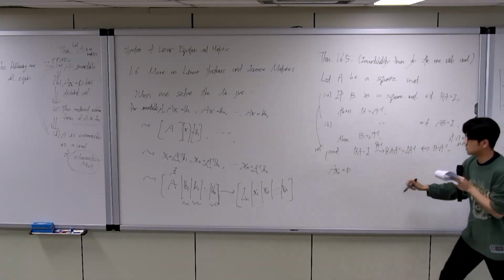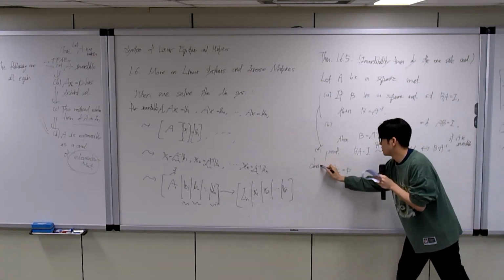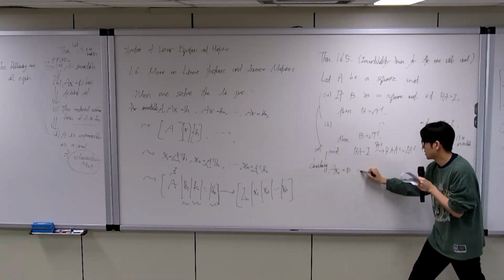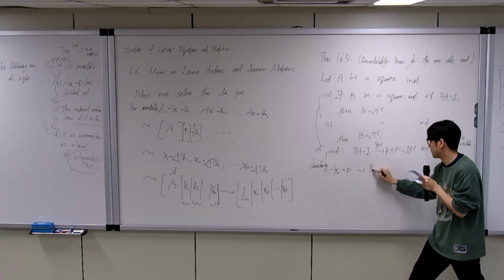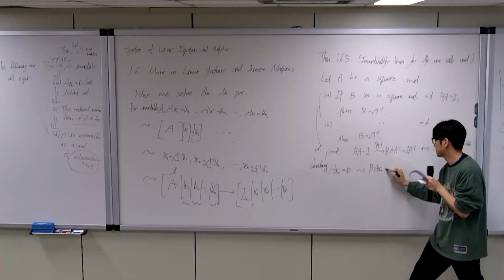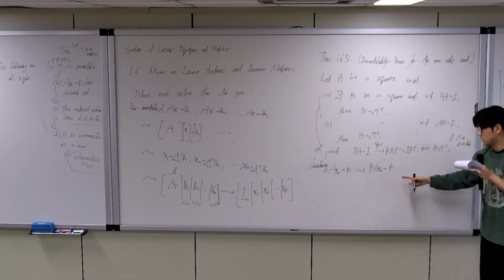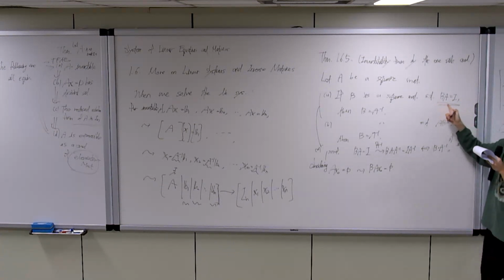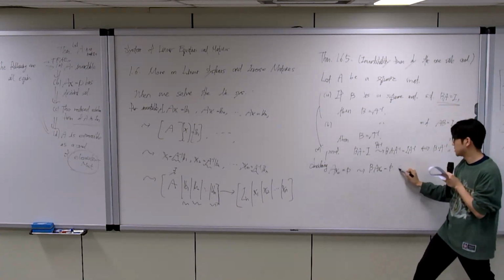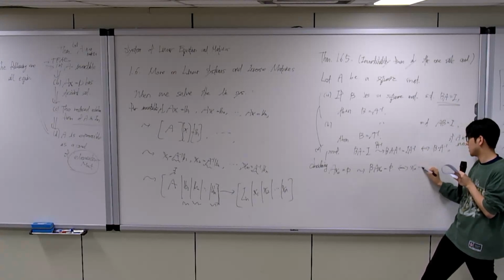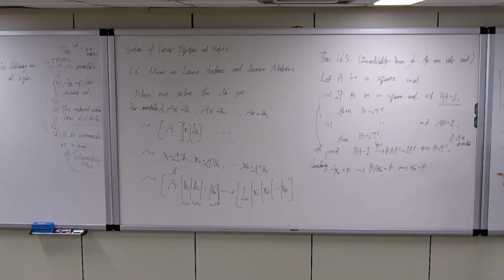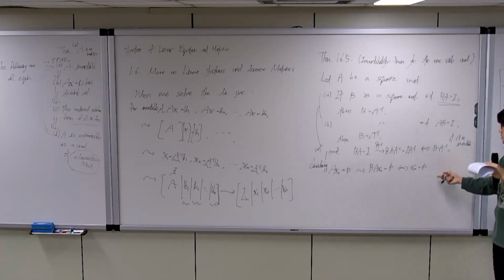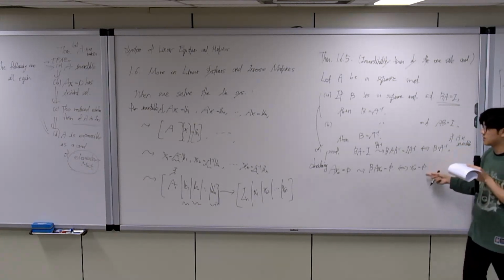If we construct the homogeneous system, then by multiplying B on each side, we will get this form. And in our assumption, BA is the identity matrix, so it will give a trivial solution.